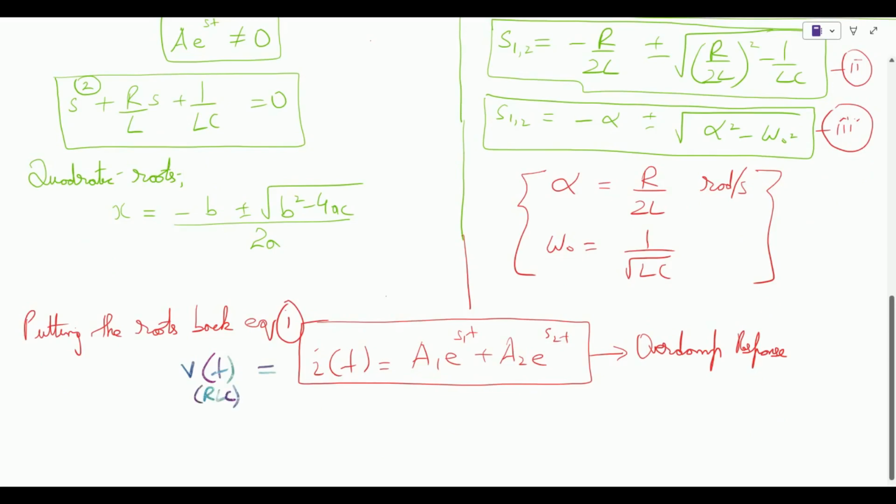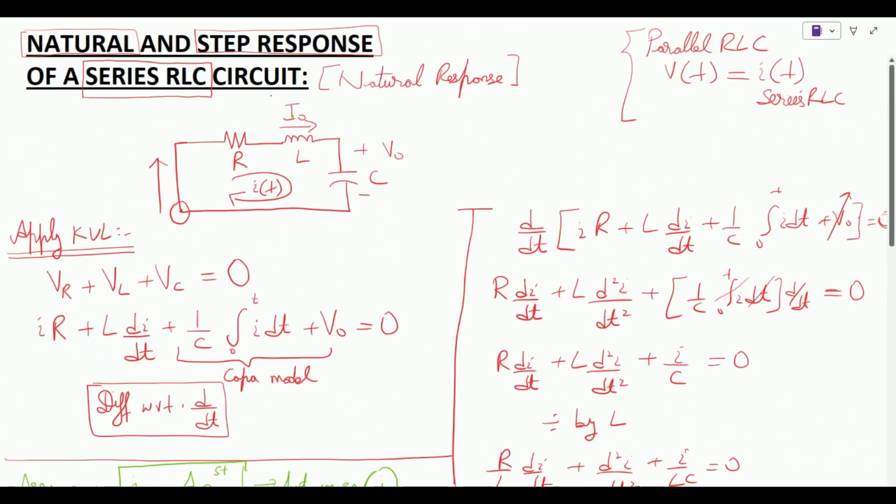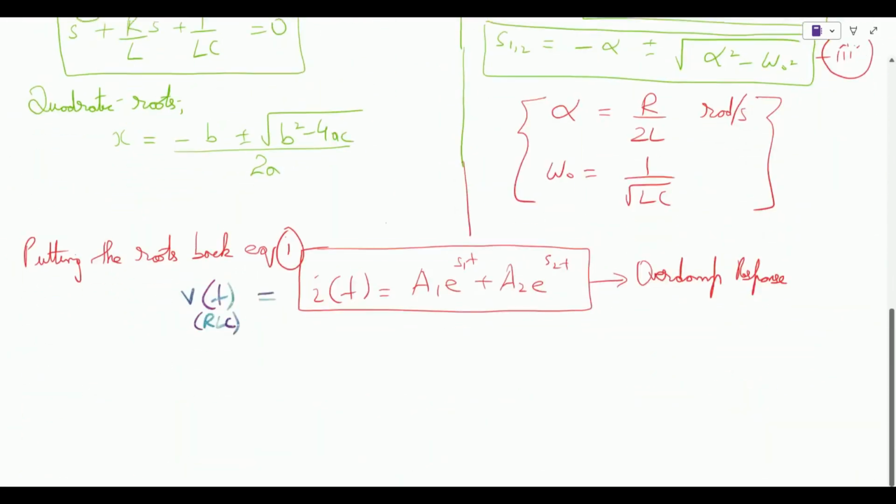As I mentioned in the beginning, we come to this realization from the derivation that the equations we got for the natural response of a parallel RLC circuit will be the same. The only difference is that in the series RLC, the equations are represented for the unknown currents.